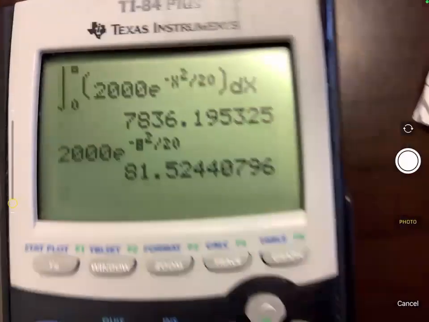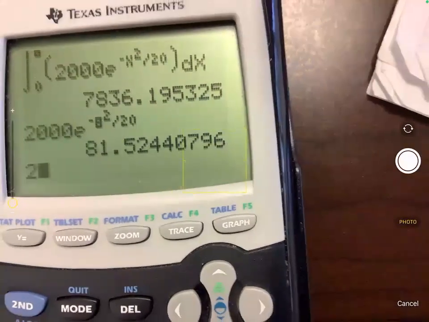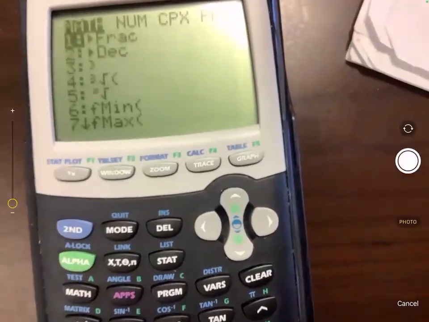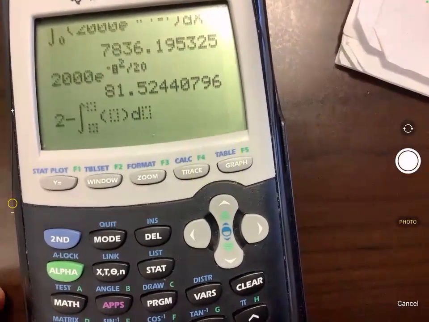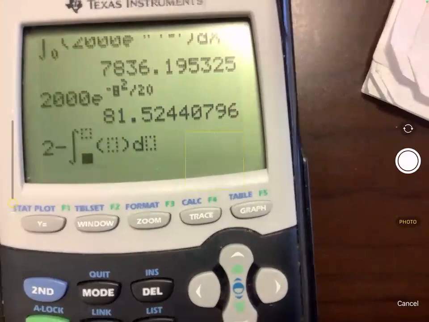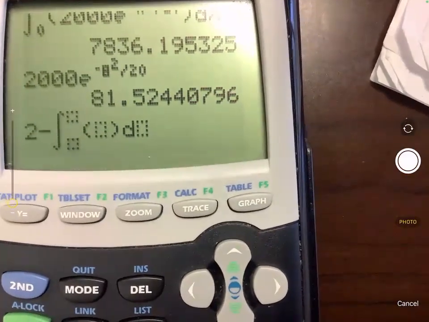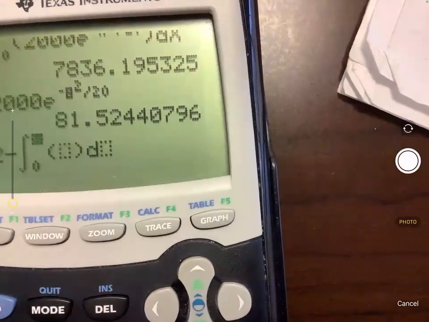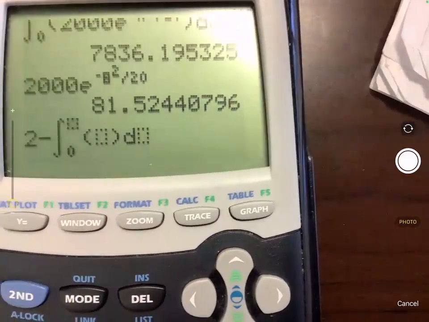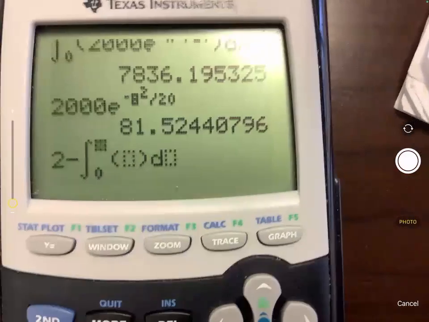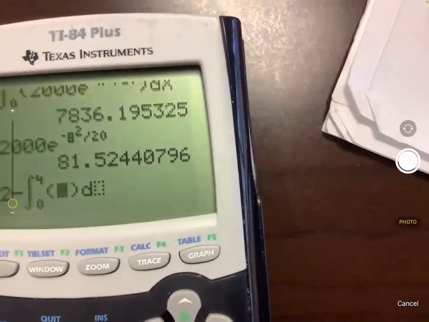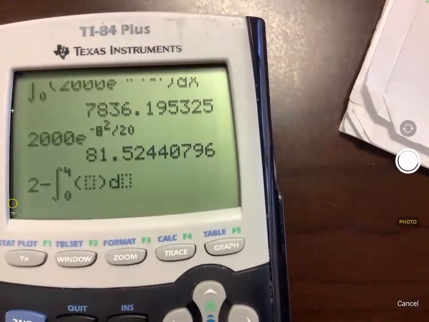So I want to do 2 minus the definite integral. Math, option 9 brings up the integral template. And now I'm going from 0. What was my upper bound? Upper bound was 4, right? And the integrand is stored in my calculator as Y1.